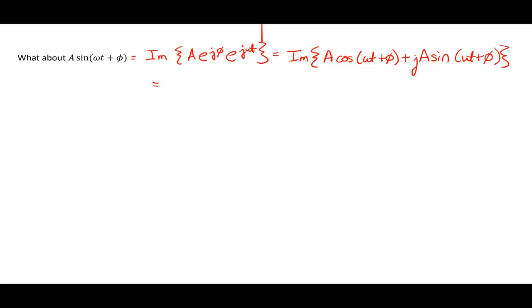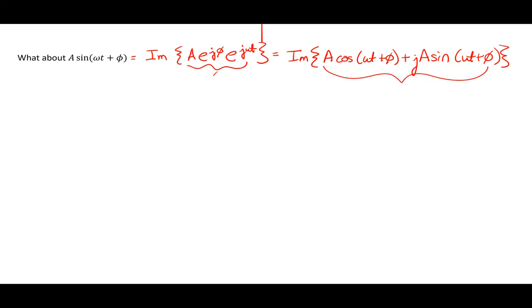So I'm going to do a little bit of a trick here for a second. If I were to multiply this thing in here by minus j, I'm going to do it separately.